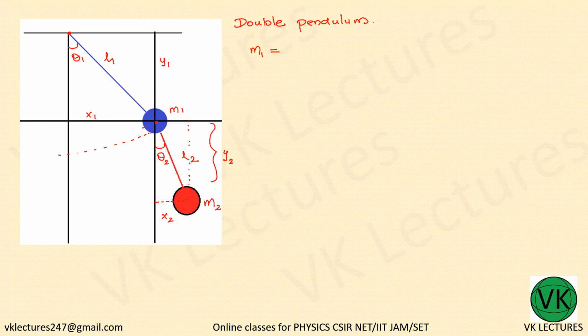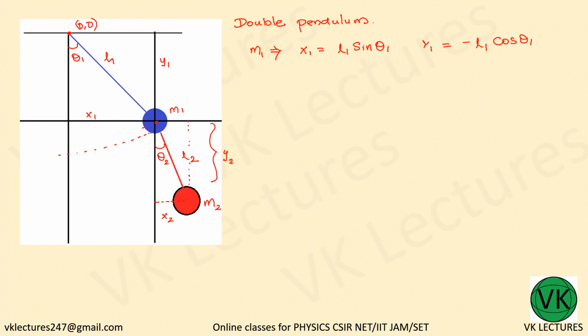Now with respect to m1, we have x1 equal to L1 sine theta 1, where this is theta and this is L1, and y1 is equal to minus L1 cos theta 1 because it is in the negative direction. We are assuming that this is the origin (0, 0).